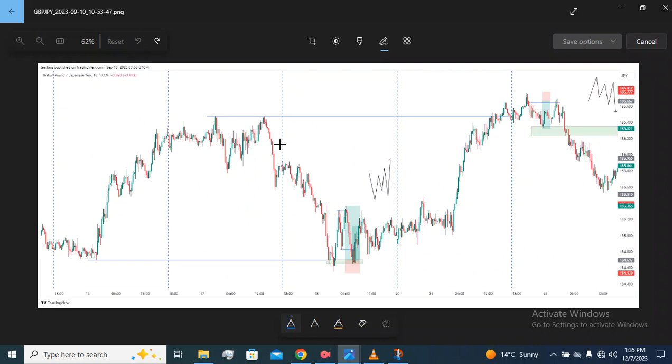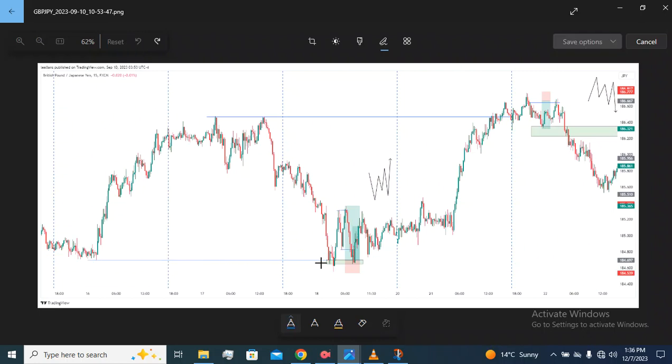So how do we backtest? First of all, find the sweep of liquidity, like this one, from a higher time frame. Then the first break of structure, a clear break of structure. Find its lower low, right? You see this, what I was telling you about manipulation.